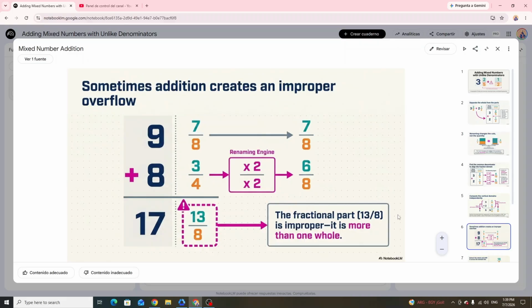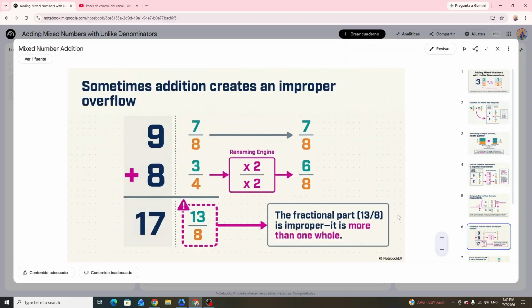So I don't touch the 7/8. I just keep it the same, and I convert 3/4. I want it to have the number 8 as denominator. That's why I multiply by 2, because 3 times 2 gives me 6, and I need the number 8 at the bottom. 4 times 2 gives me 8.